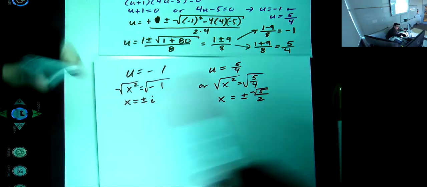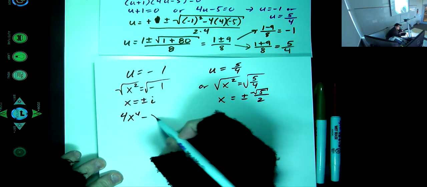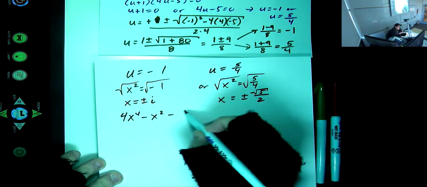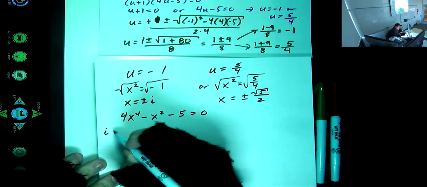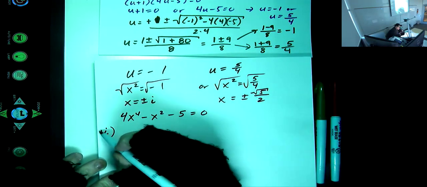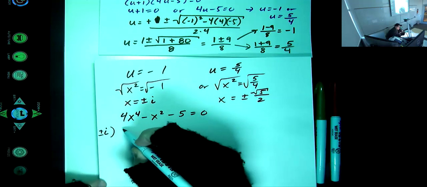So let's check. Checking i or negative i, with the even exponents on both of them, they're going to end up being the same.